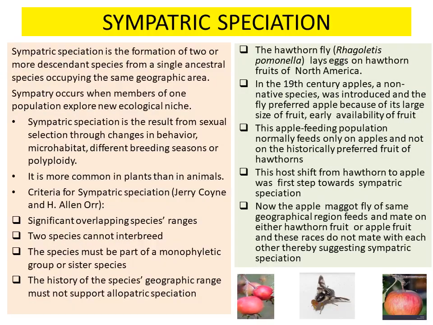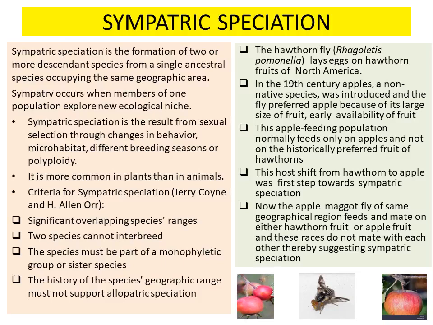Last is sympatric speciation in the natural speciation. Sympatric speciation is the formation of 2 or more descendant species from a single ancestral species occupying the same geographical area. So sympatry occurs when the members of one population explore a new ecological niche.